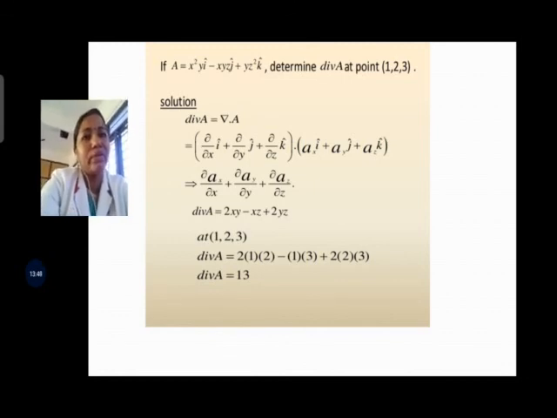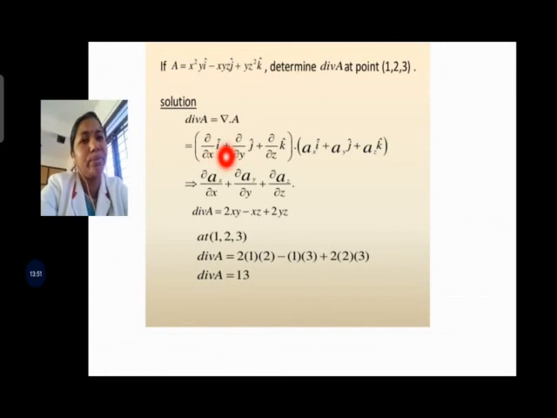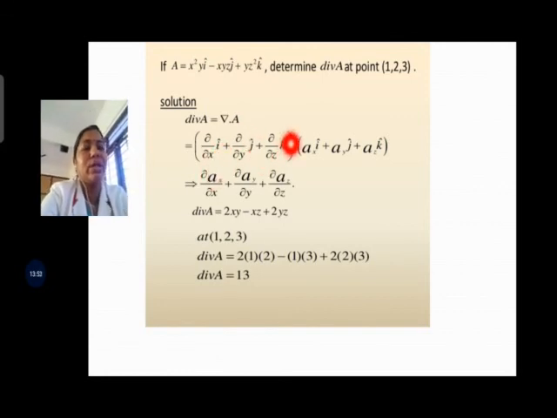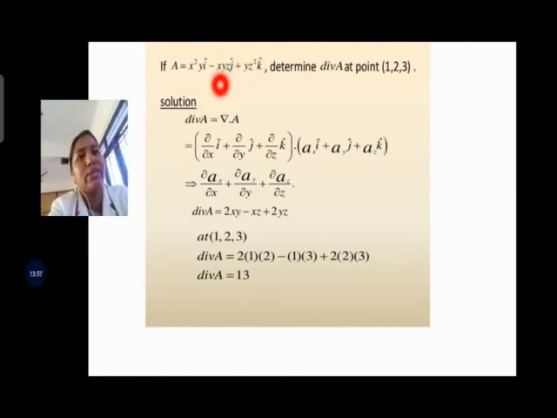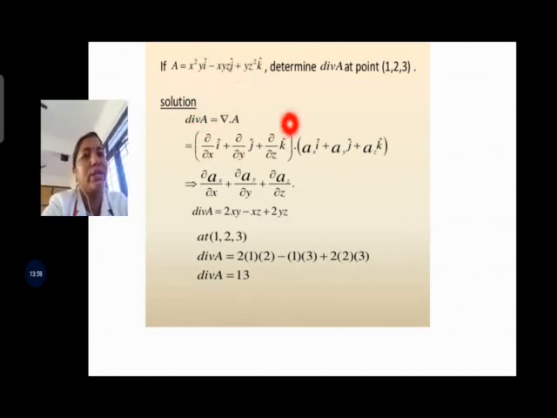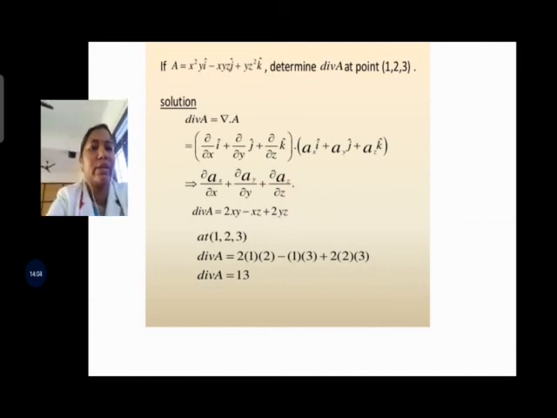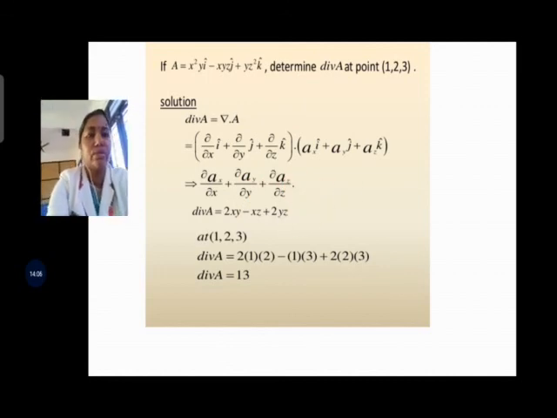So for the divergence of A, we have to take just dou by dou x i, dou by dou y j, dou by dou z k. We write this equation, simply multiply, then differentiate with respect to x, y, z. So we get divergence of A equal to 2xy minus xz plus 2yz.